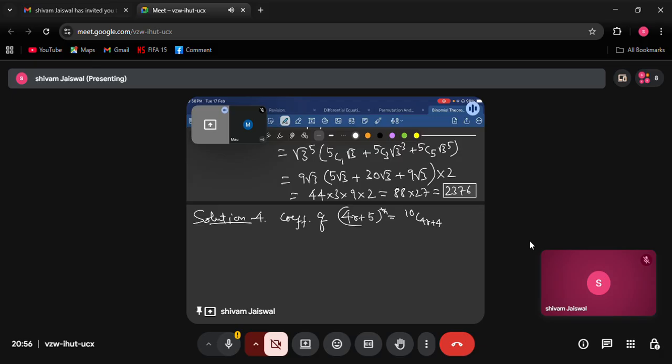Shomita, if you have any doubt, you can ask me. You understood, right? How I got 10c 4r plus 4? Sir, can you explain it once? Yes. So why are you not asking? Tell me. Shomita. If you have not understood, why are you not asking? It should be t 4r plus 5 is equal to t 4r plus 4 plus 1.